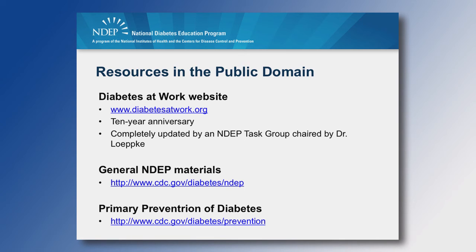We also have a website about the primary prevention of diabetes. As Dr. Loeppke mentioned, we can prevent type 2 diabetes in people who have prediabetes, folks who are at very high risk. We also have to remember that prediabetes is also a risk factor for cardiovascular disease as well. So please come and visit our general resources as well.